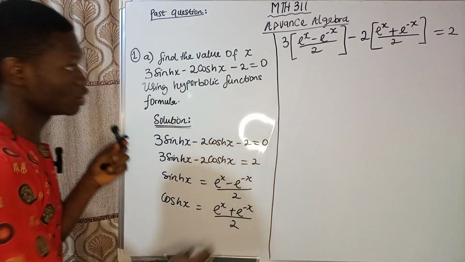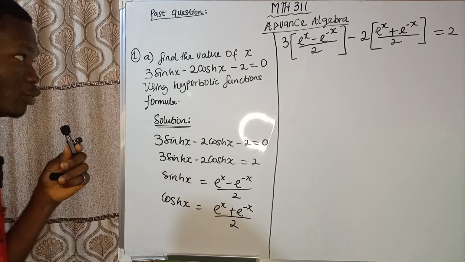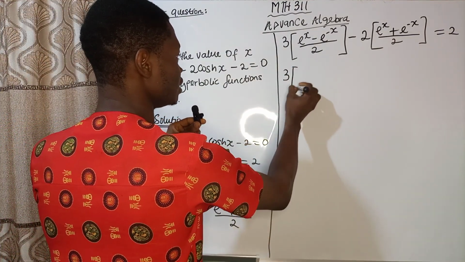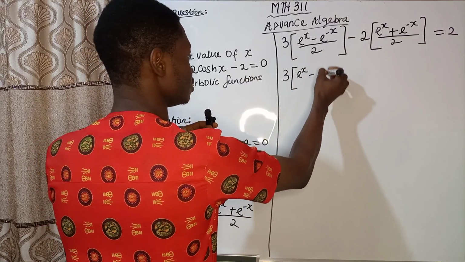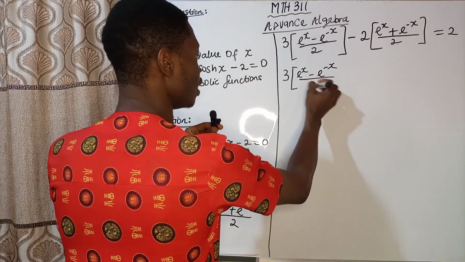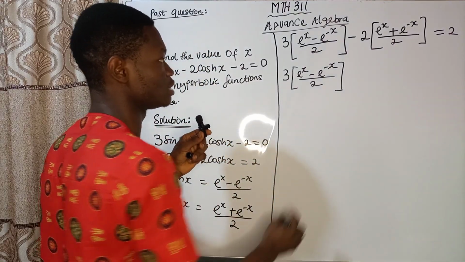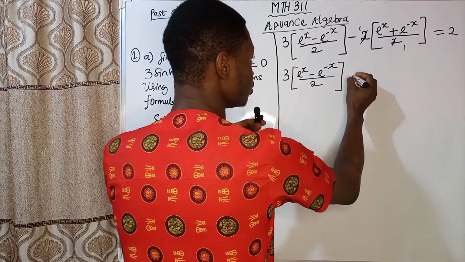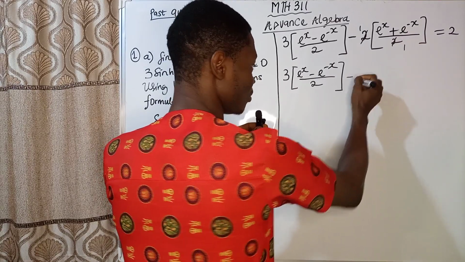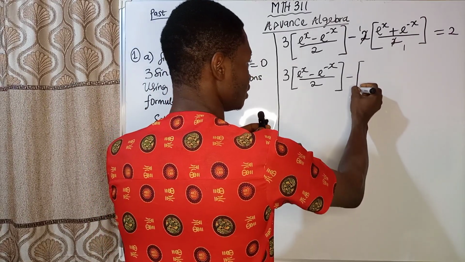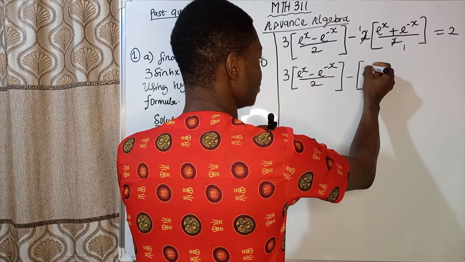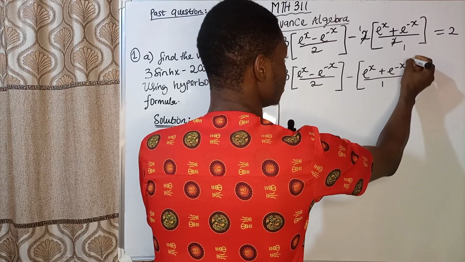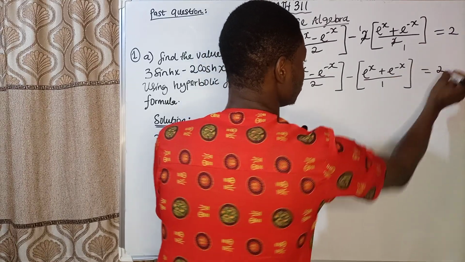Is equal to 2. So we have formed a new equation. We have 3 brackets e raised to the power of x minus e raised to the power of minus x, all over 2. We close the bracket. Now we can cancel this: 2 here gives 1, 2 here gives 1. We are going to have minus 1, it's an invisible 1, parenthesis e raised to the power of x plus e raised to the power of minus x, all over 1, is equal to 2.